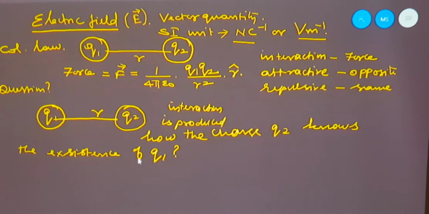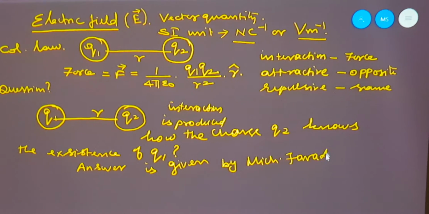For this question, the answer was given by Michael Faraday, by considering a new concept called the electric field. That is what we are going to study. A small introduction regarding this.